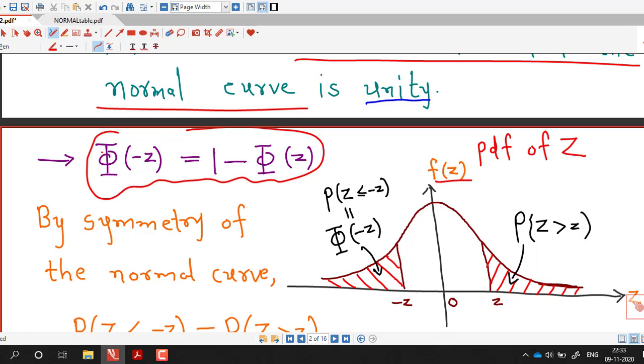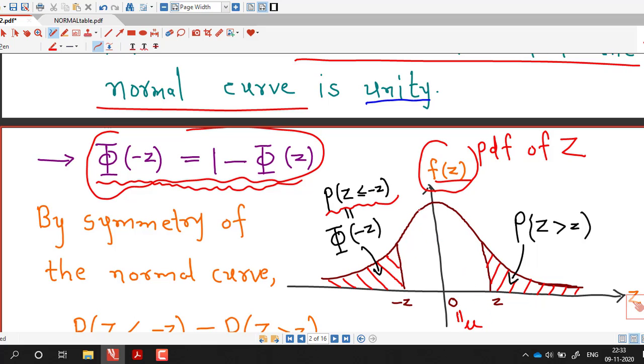We have this property for the cumulative distribution function of standard normal random variable, that is, the value of CDF at minus z equals 1 minus the value of CDF at point z. As we know by definition, phi of minus z is nothing but probability that capital Z is less than or equal to minus z. Now we know that the graph of f of z is a symmetric curve about the mean mu equal to 0.